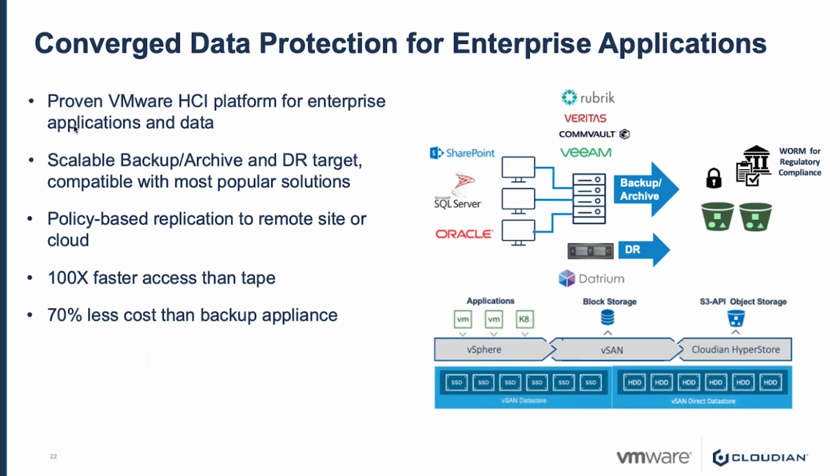Gopala, you also want to talk about the converged data protection. This is something that our customers have asked again and again, and this is something that they can get started with even today, right? Right. So we have the integration with Velero, which allows customers to take backups of modern Kubernetes applications on vSphere and CNS.